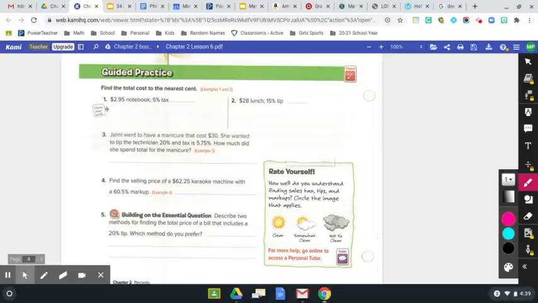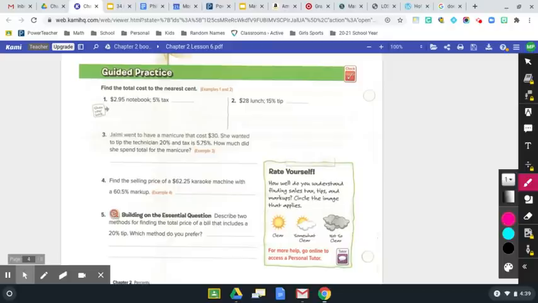I'm going to walk through some examples using the proportions we did in the first half of the chapter, and then explain that we're talking about money in most of these situations. So we have to be careful with our dollar signs, our rounding to the nearest cent, and so on.